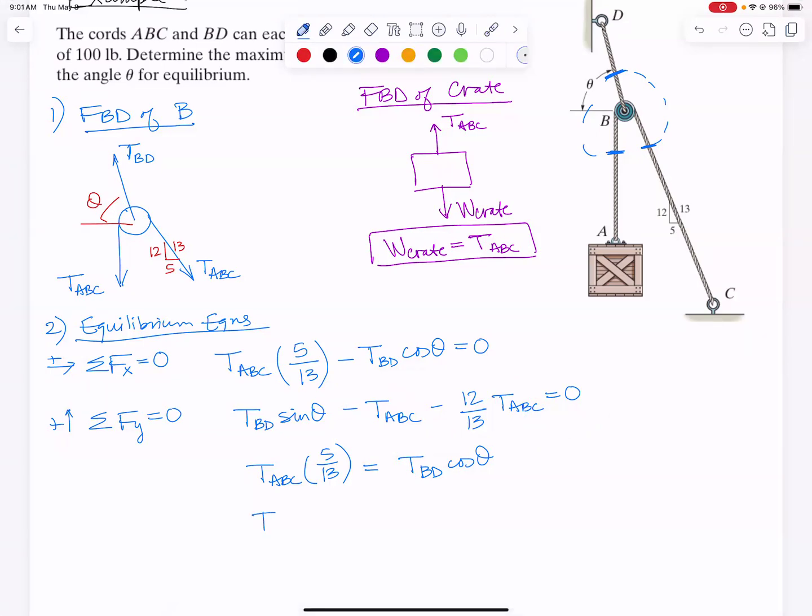So on one side of the equation, I've got T_ABC times 12/13, and I've got 1, which I can write as 13/13. So if I combine them, I get 25/13 on one side of the equation. On the other side of the equation, I've got T_BD sine theta.